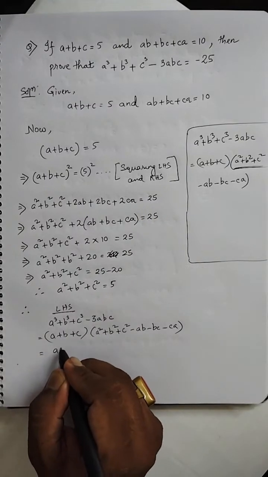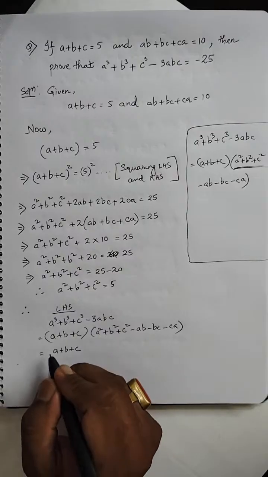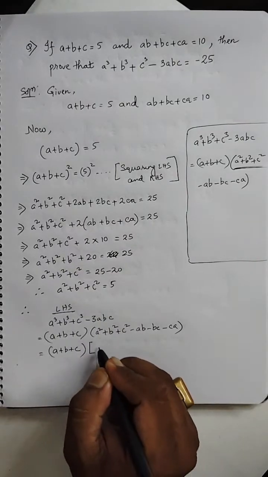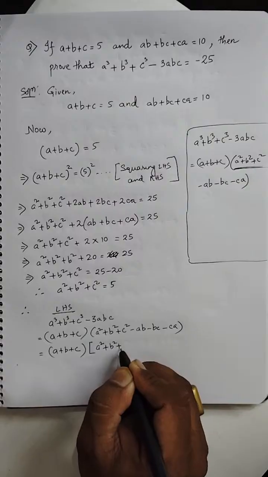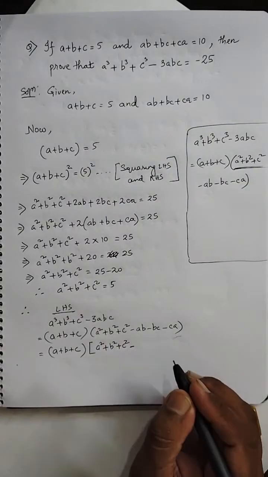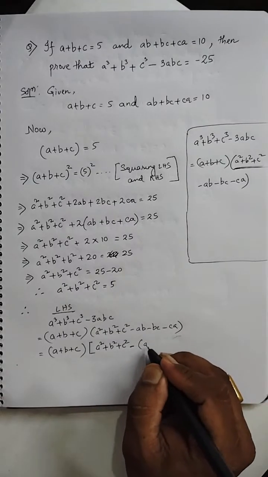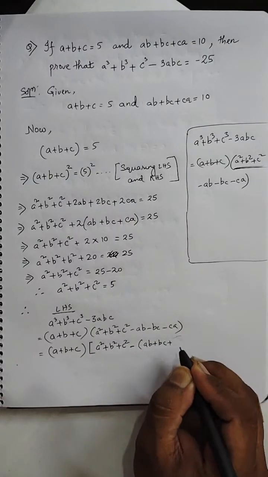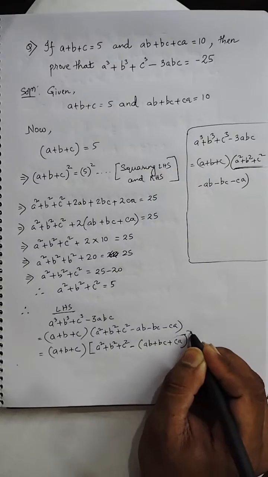So this is a plus b plus c times a square plus b square plus c square, and since these three terms are negative, we will take the negative as a common factor, and then ab plus bc plus ca.